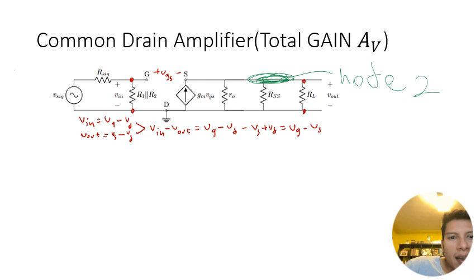Okay, now that we know how to write VGS, which is actually just equal to V_in minus V_out, now let's look at this nodal equation.